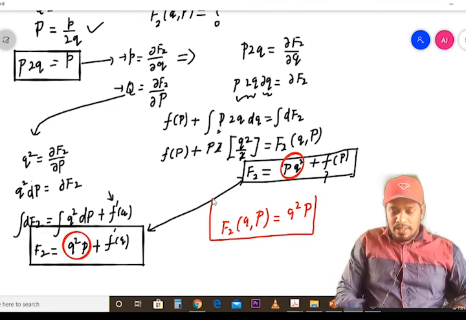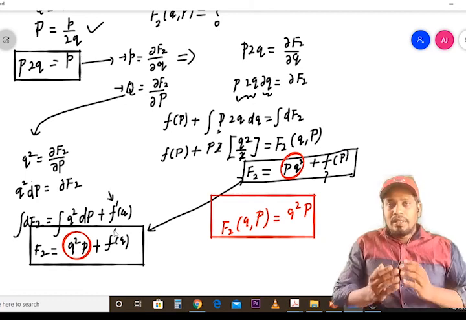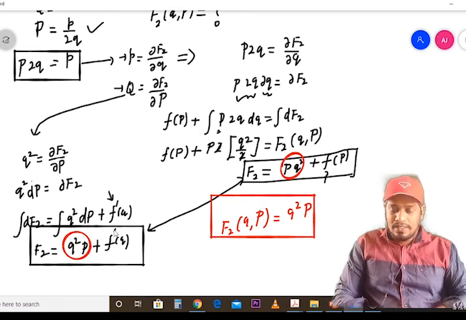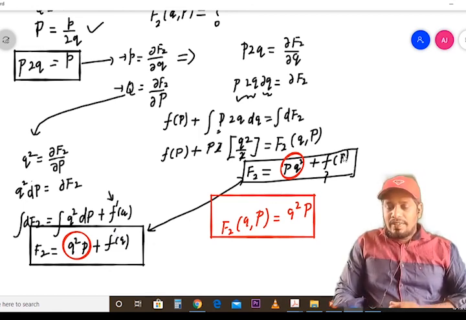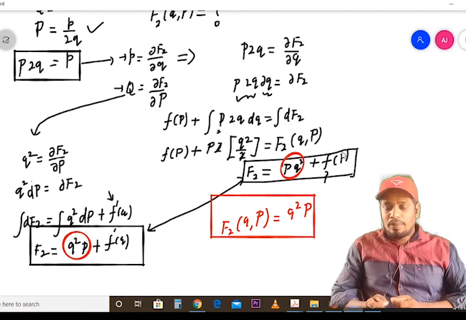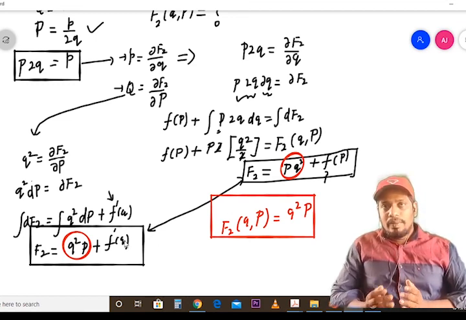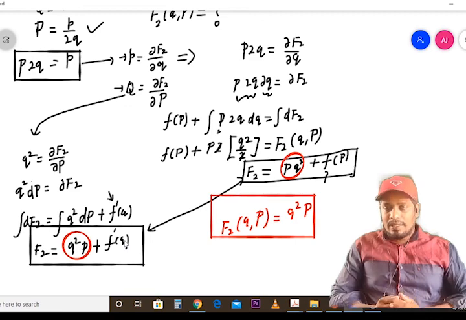Maybe if we have a value for f(P), f prime of q, then the generating function will change. In general, by the trivial solution, you can take f(P), f prime of q, to be equal to 0. This is the way we can solve it.